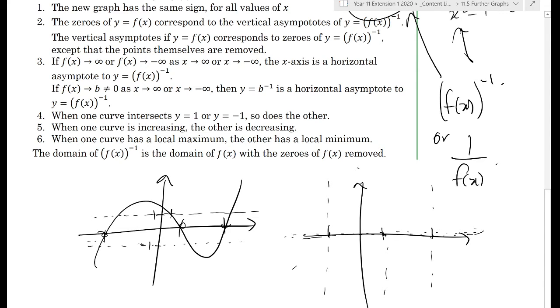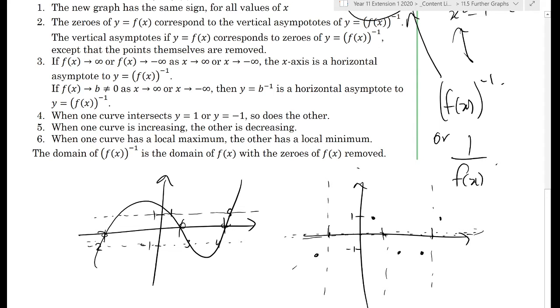So 1, 2, 3, 4, and 5, okay? So if this is 1, this is negative 1, then my values on these ones also go through those values too. So there's one that goes here, there's one that is here, there is one that is here, and there's one final one that is a bit closer than that, okay?